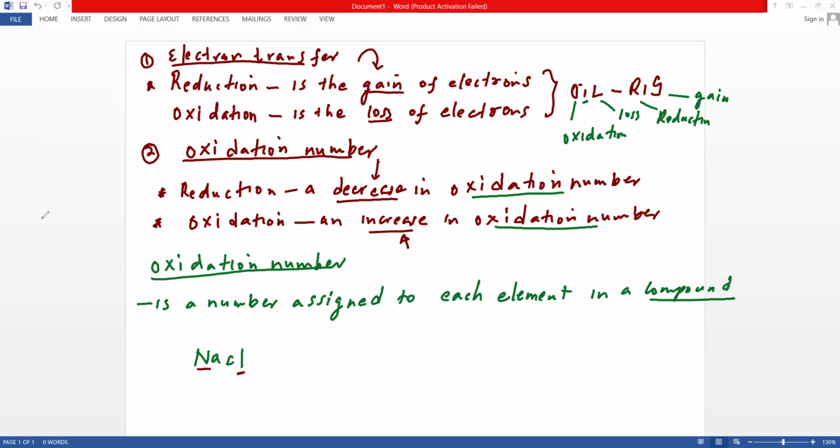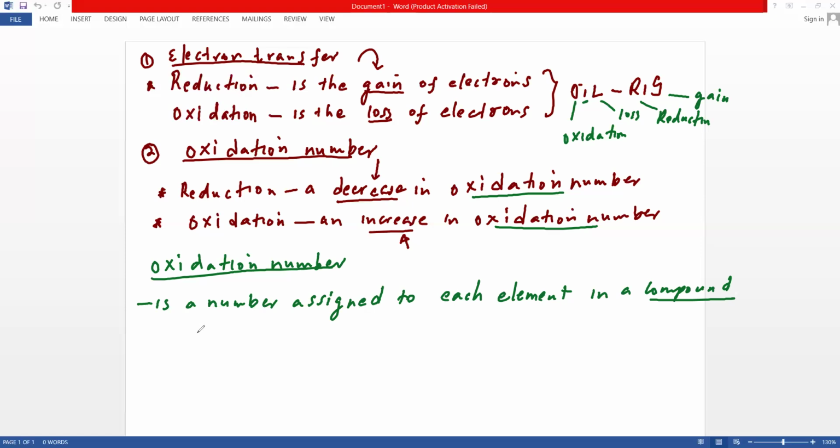It will need us to use a bit of the periodic table, which is very important. I'll just focus on the most important ones, especially the examinable ones. Right, let's start with the rules of oxidation numbers.